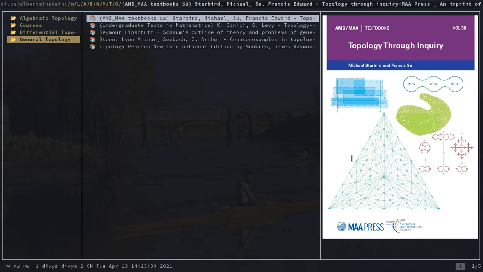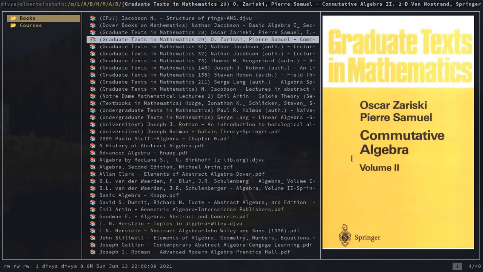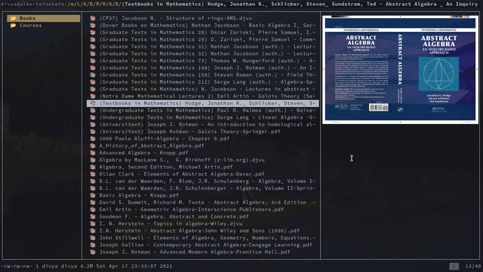And the same thing was something with algebra, and I'm trying to find what was that. Okay, this one.